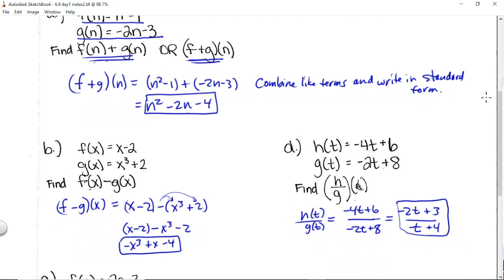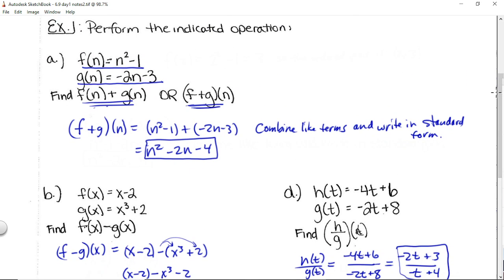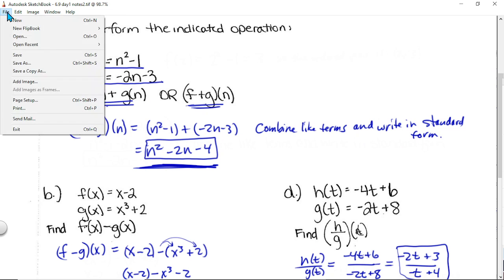So we see when we added the functions, we obtained a new function, and we actually wrote down, here it is, the rule for that new function that we obtained, in this case by adding f and g. So that's a new function. But today we're not going to write the new function we obtain. We're just going to evaluate it for a particular value of x.